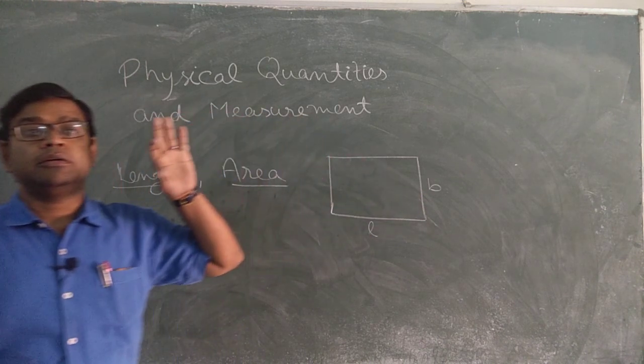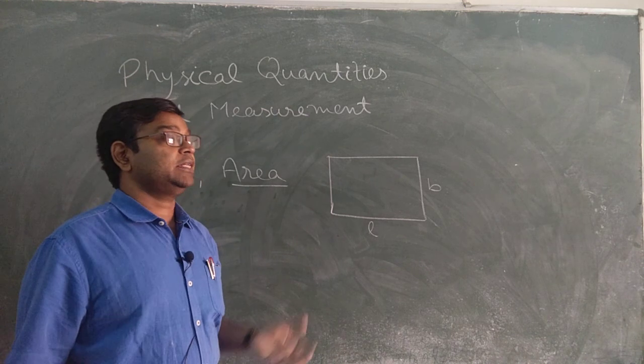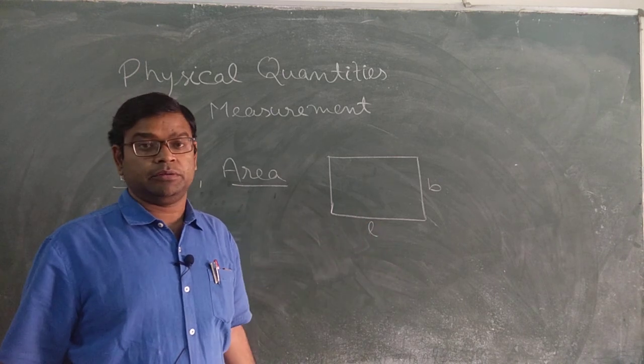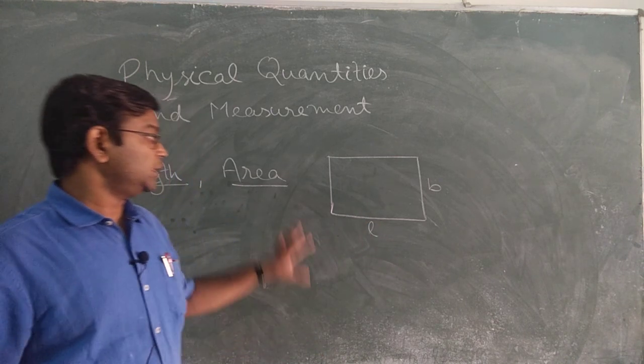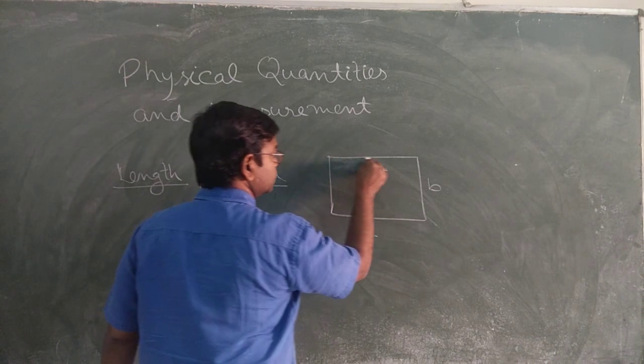But we don't know what the definition of area is. The definition of area says: the space occupied by the boundary of the given figure. What is the meaning of space? In this case, this portion.